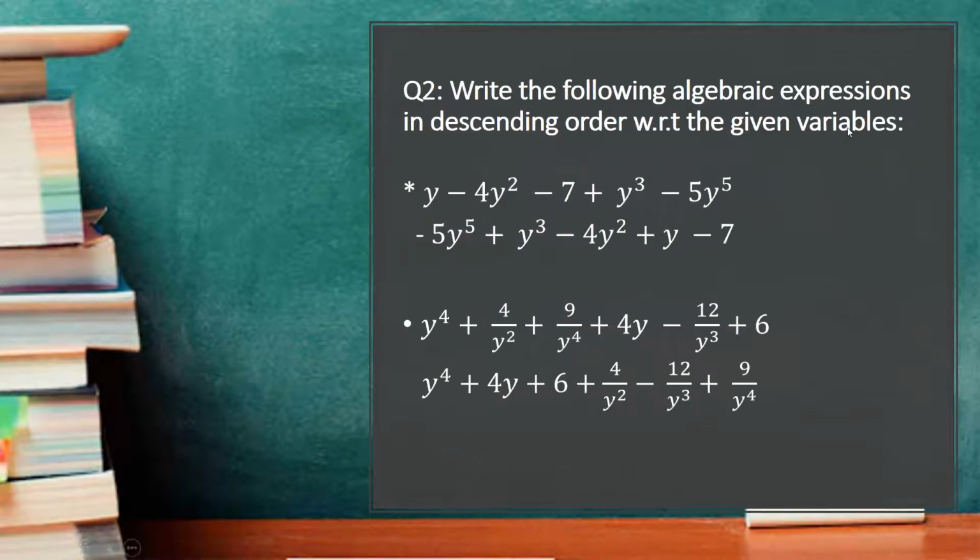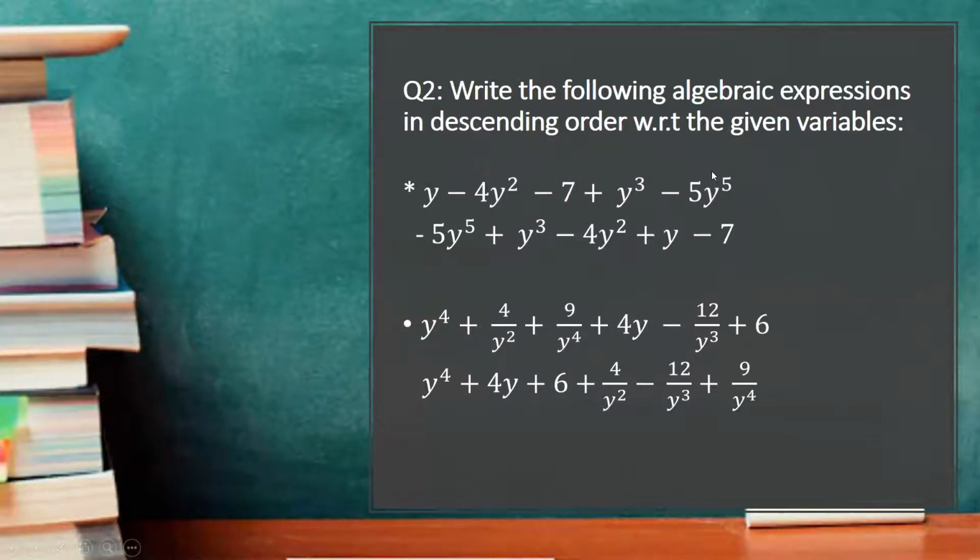Now look at this example. Here we have to write down in a descending order with respect to the given variable. Only one variable is there. So first one will be here y power 1, y power 2, y power 0, y power 3, y power 5.